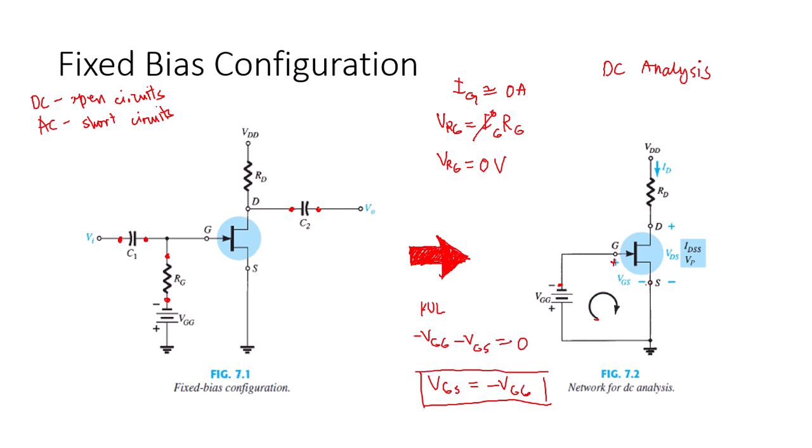Since VGG is a fixed DC supply, the voltage VGS is fixed in magnitude, resulting in the designation fixed bias configuration. You have here a fixed DC supply, this negative VGG.